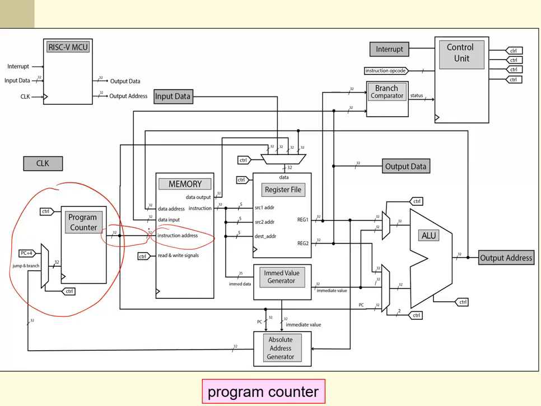It is a 32-bit register, and the idea here is it supports the full 32-bit address space. That doesn't mean that there's 32 bits of physical memory, but it does have the ability to support all those addresses. So keep in mind this handles two types of instructions. That's normal instructions, which is just advancing the program counter by 4. It goes from one instruction to the next, stepping through the memory in a sequential manner, or it handles the jumps and branches.